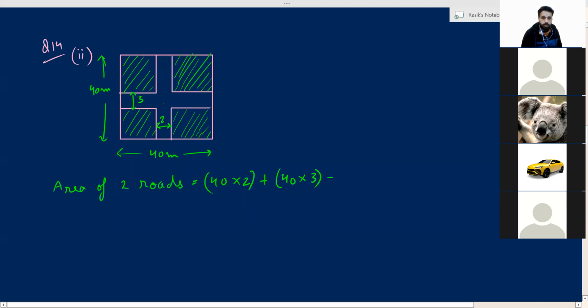Then the common portion area you will subtract. So this is 3 into 2. So 80 plus 120 minus 6, 194 meters square.